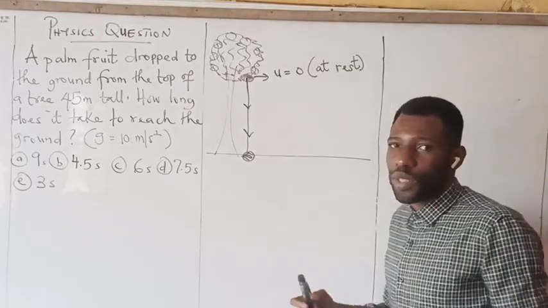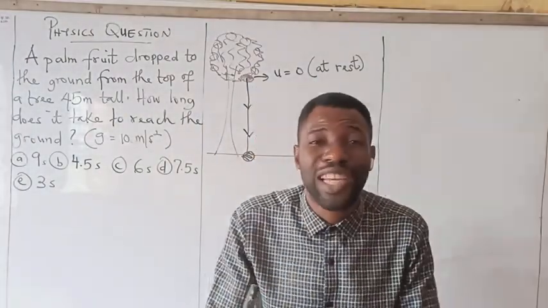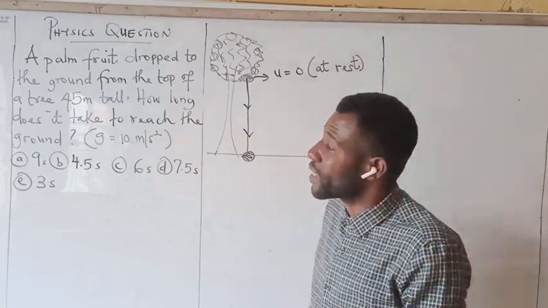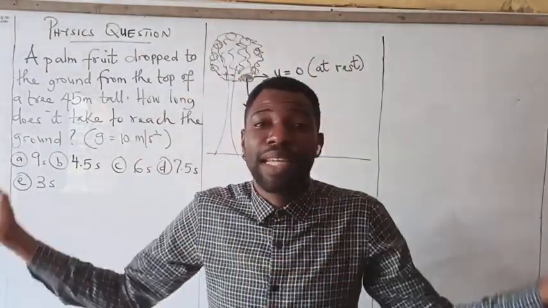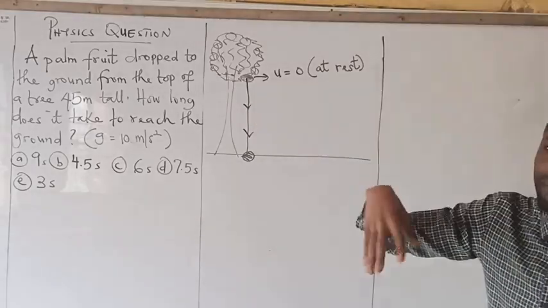When a body is at rest, according to Newton's first law of motion, the body will continue to remain in a state of rest until an external force acts upon it. So maybe the external force that acted upon the fruit was wind or some other external agent.